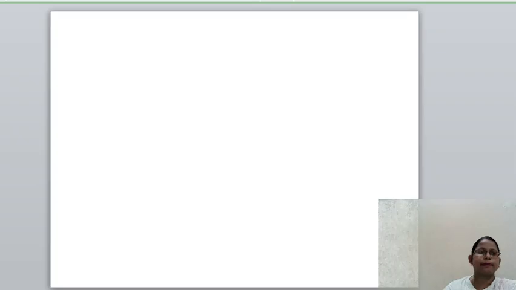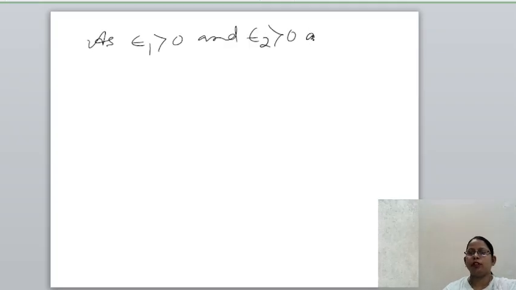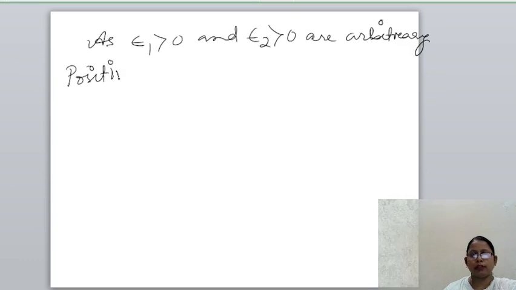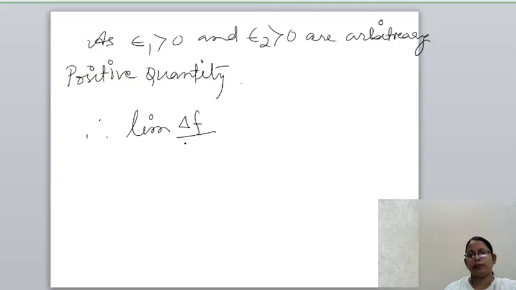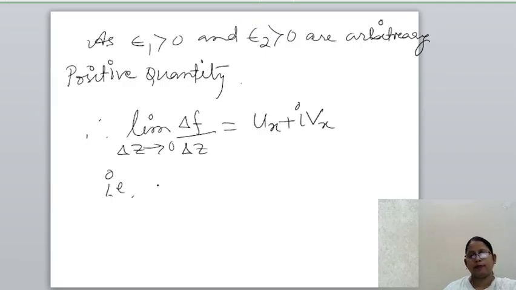So write: ε1 greater than 0 and ε2 greater than 0 are arbitrary positive quantities. Therefore the limit of Δf/Δz as Δz tends to 0 is equal to ux + i vx, that is f'(z).